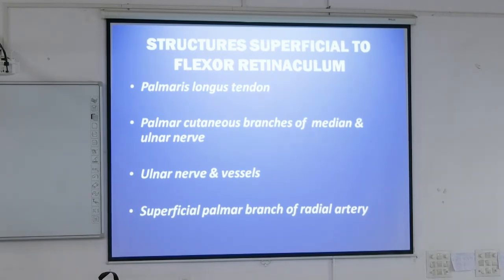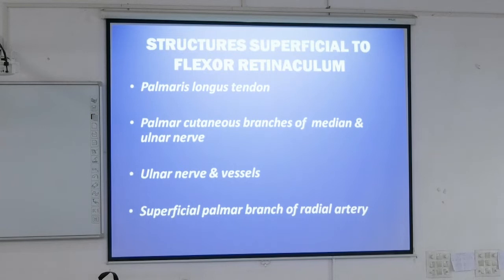Now these are the practical questions which are asked in the viva or your tag put on flexor retinaculum. The examiner will ask you what are the structures deep to it, what are the structures superficial to it, and what is the attachment of the flexor retinaculum, to which bones it is attached.